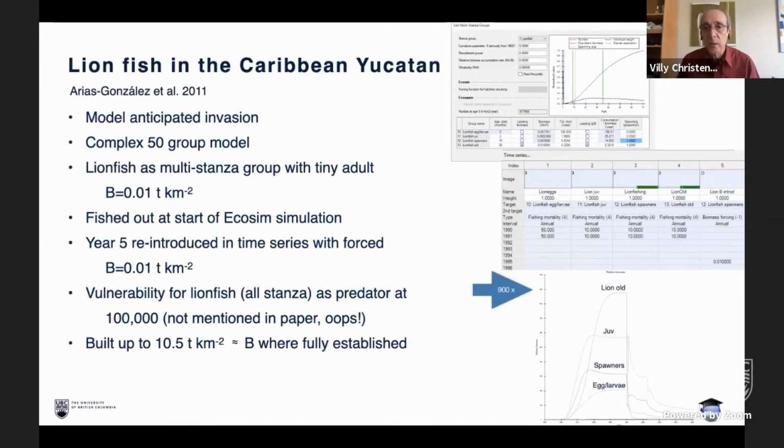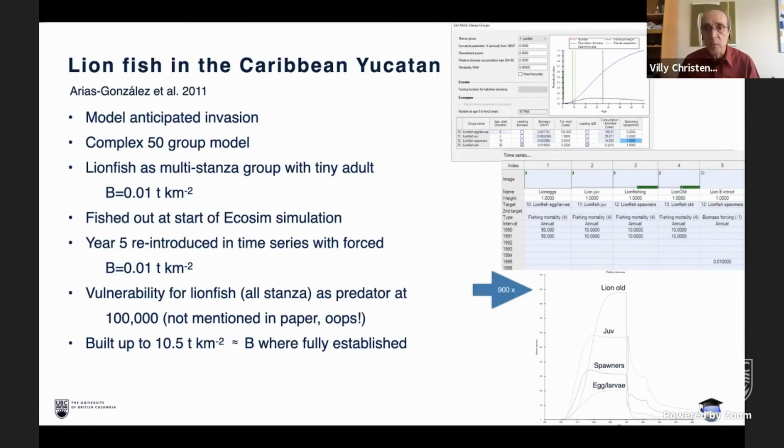We saw a 900 times increase from that initial biomass, which actually brought them up to the level they had established themselves further north, I think in the Bahamas, after the introduction which probably happened in Florida. This was one of the areas where they very early spread to.